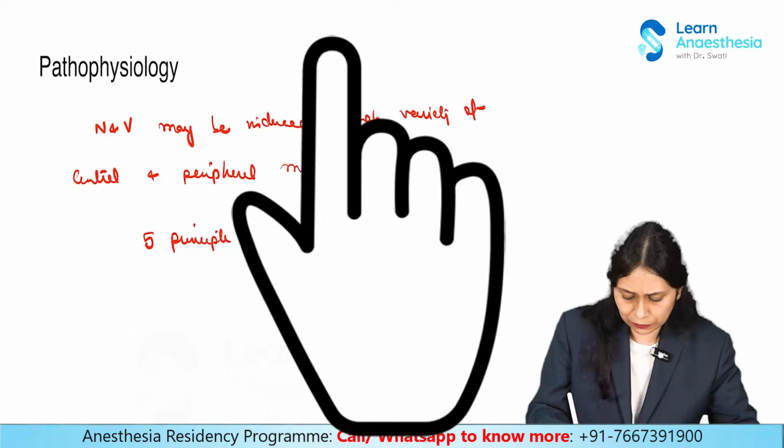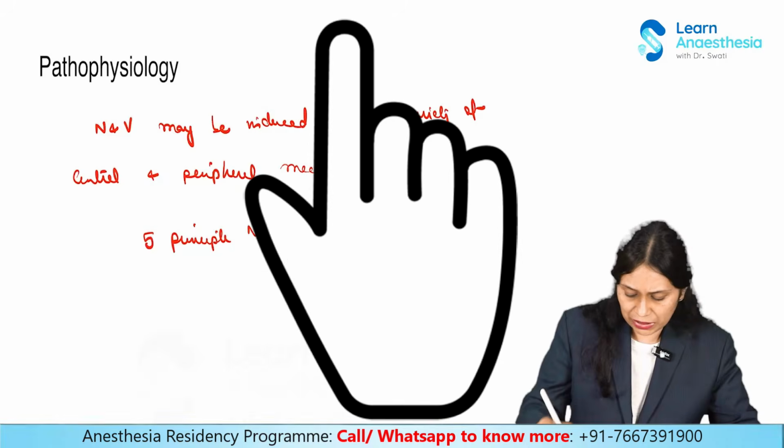Now there are 5 principal neurotransmitter receptors that mediate nausea and vomiting.